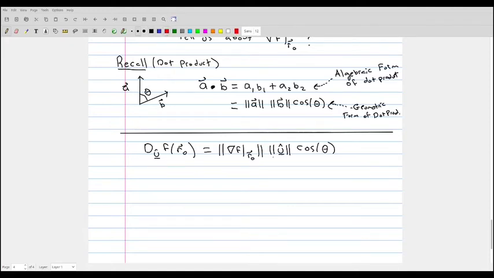Because u hat is a unit vector, this is just equal to 1. And so another way of calculating the directional derivative at a point is to calculate the length of the gradient vector and multiply that value by cosine of theta.